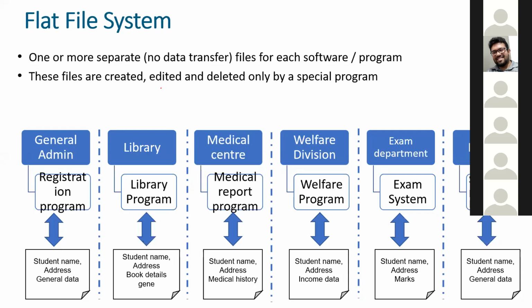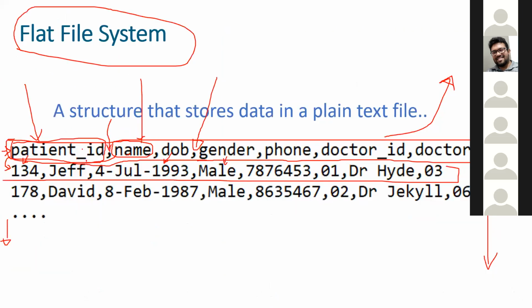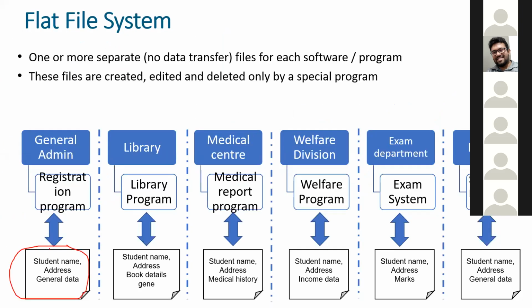So I'm just giving synonyms for this library program. And it is also going to have a file. So all these are flat files, right? මෙන්න මෙහෙම data තියාගන්න flat file එක තමයි මේ තියෙන්නේ. This is again another flat file. This is again another flat file.